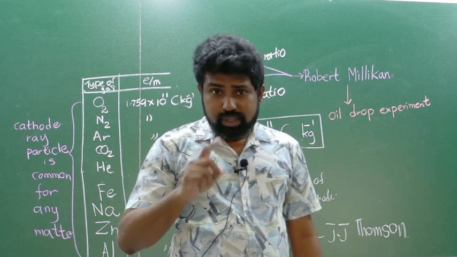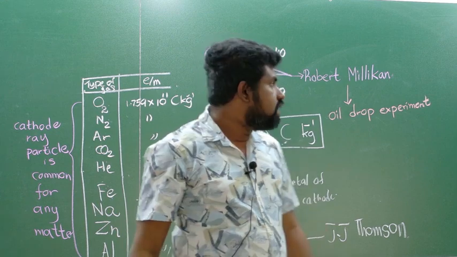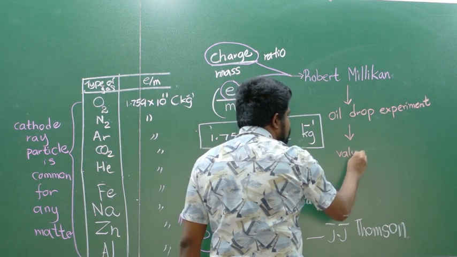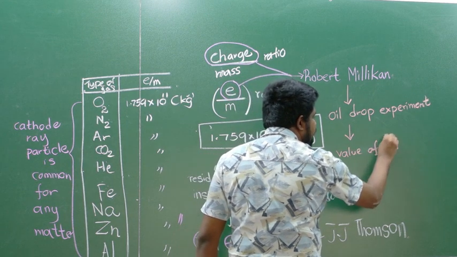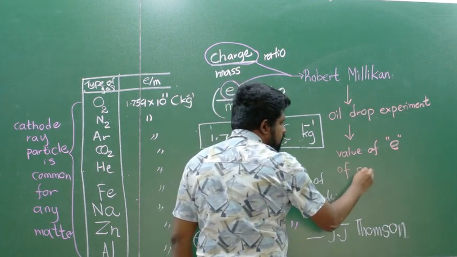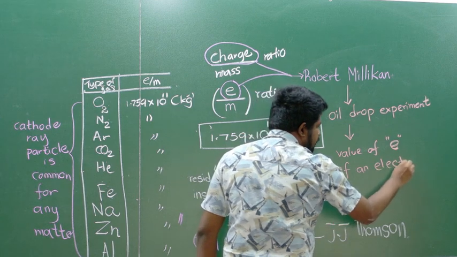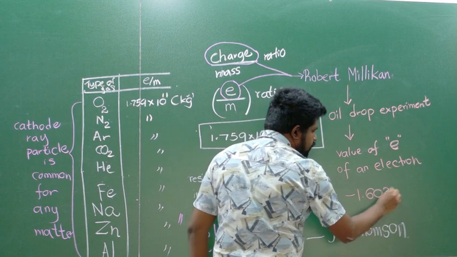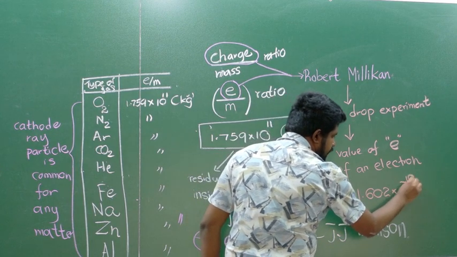Using his oil drop experiment, he determined the numerical value of capital E, that is the charge of an electron. He found it as minus 1.602 times 10 to the power minus 19 coulomb.